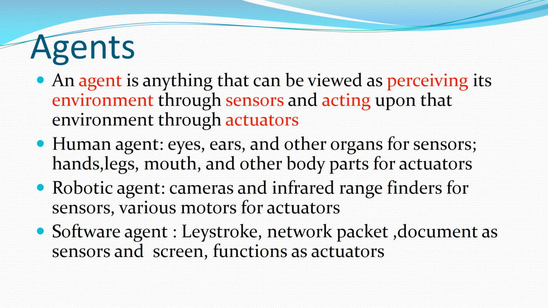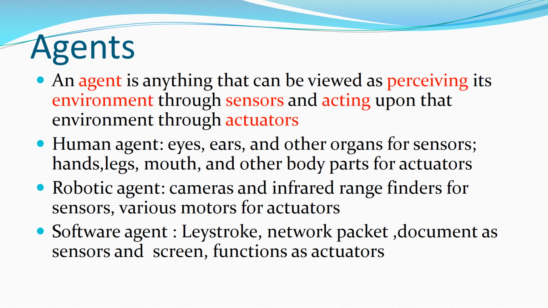So these are the various sensors used in a robotic agent. After that, how does the robot act in the environment? There is a robotic hand, for which various motors are required to run a particular action. So various motors will act as actuators.